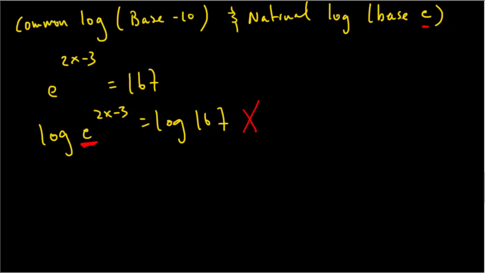Whenever you have a base e, you need to use the natural log, which is ln. So instead of writing log, you write ln on your calculator.